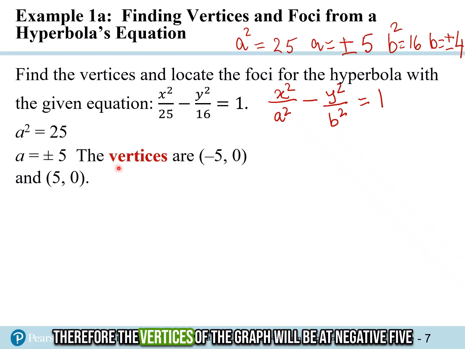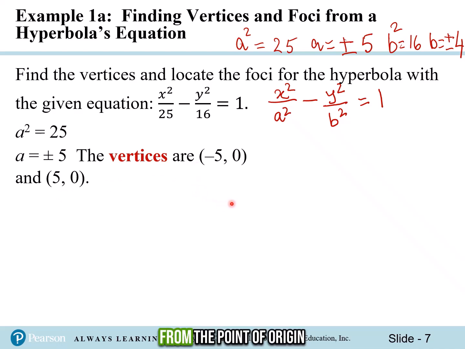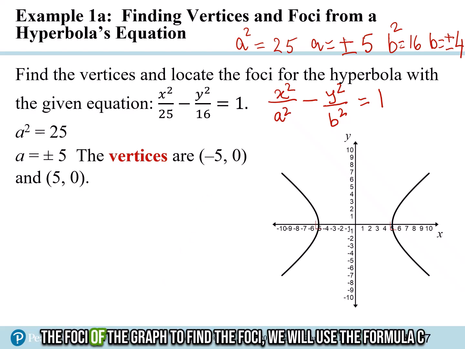Therefore, the vertices of the graph will be at negative 5, 0 and positive 5, 0. That means the distance from the point of origin to each of the vertices on the x-axis will be 5 units.